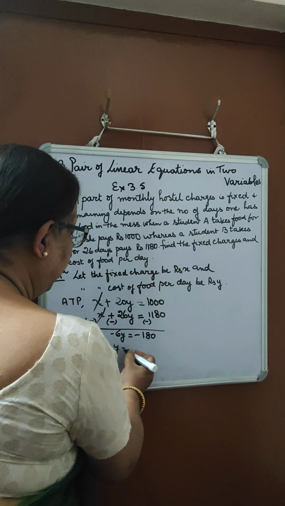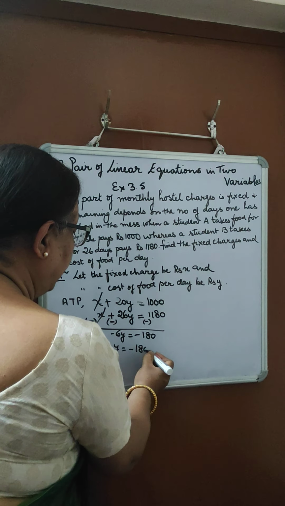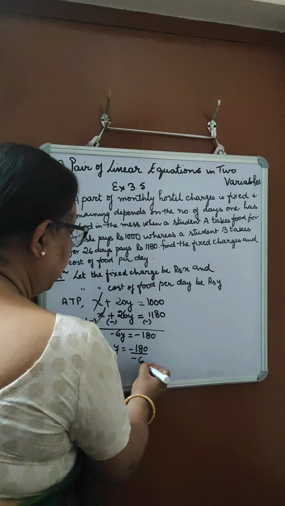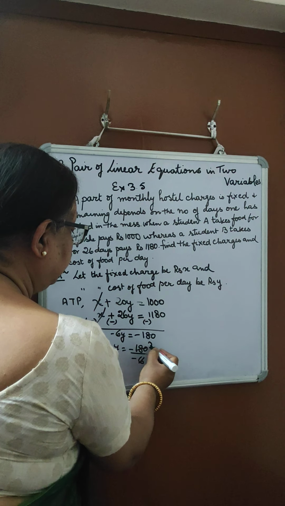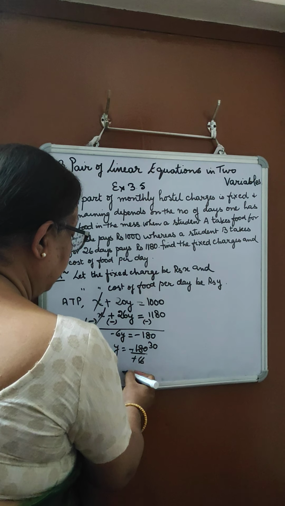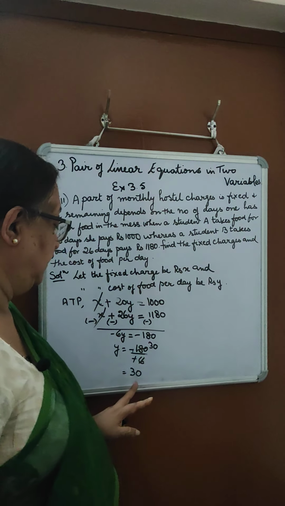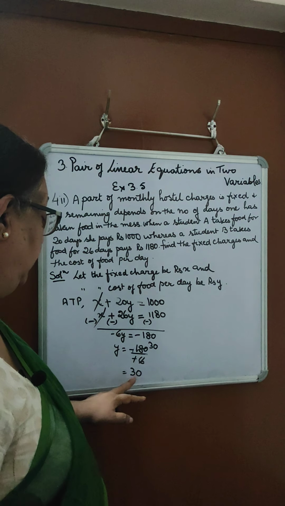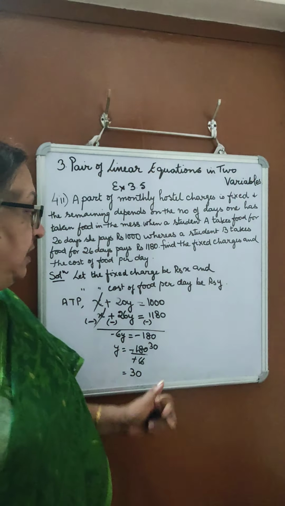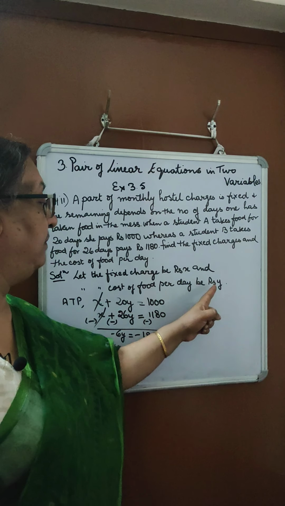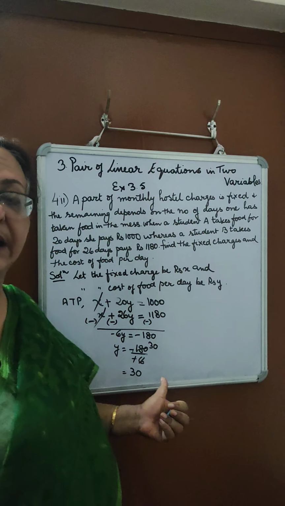So Y will be equal to minus 180 by minus 6, that is Y is equal to 30. Okay, so cost of food per day rupees Y, we got Y as 30.